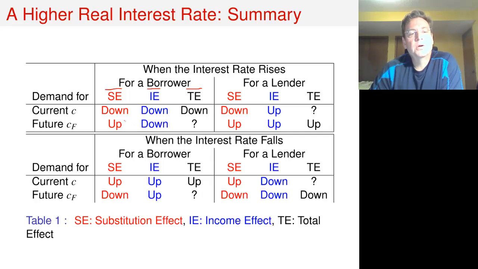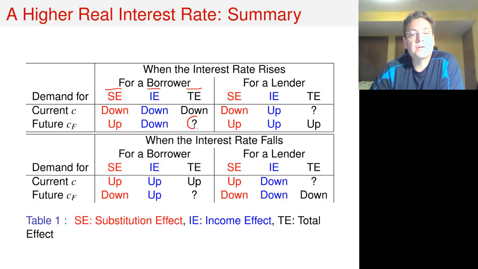Well, here we have that the substitution effect is going to encourage you to want to consume more in the future. But because you're a borrower, a higher real interest rate reduces your income, and therefore, with both current and future consumption being normal goods, that's going to tend to reduce your demand for future consumption.